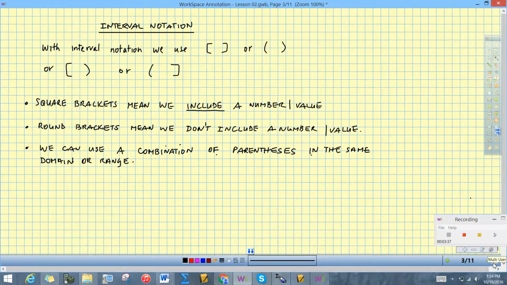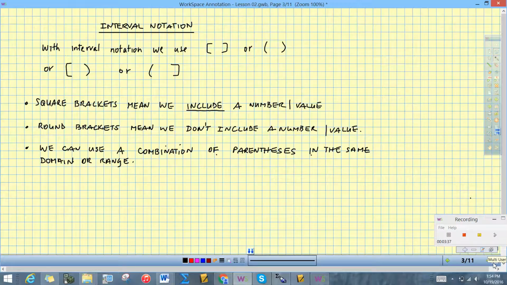So in the next part, we're still on section 14a, but instead of looking at just set notation, we're going to look at a new type of notation called interval notation. Now, in interval notation, we tend to use square brackets or round brackets, or we could have a combination of square and round, or round and square.